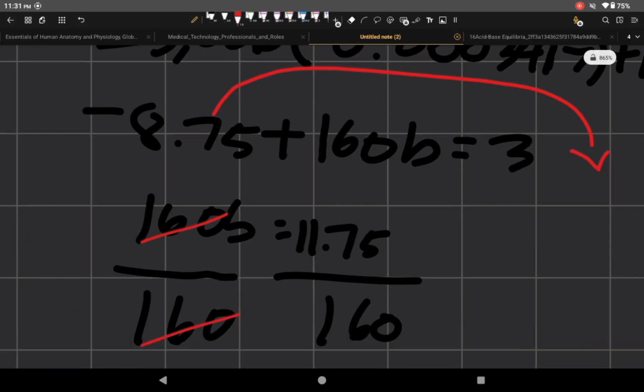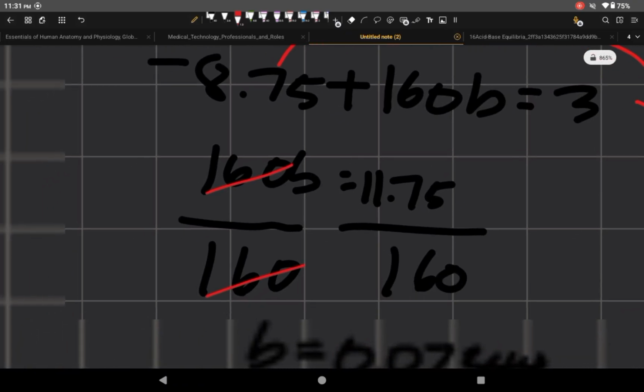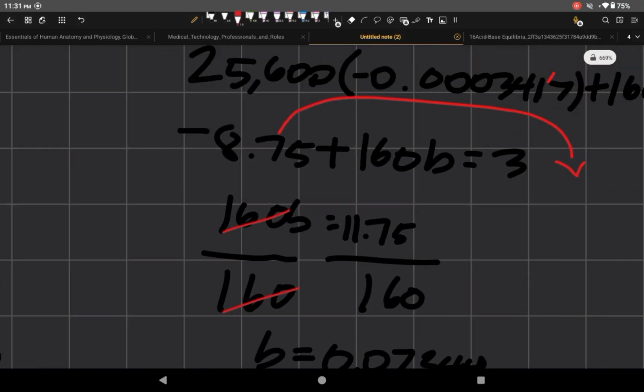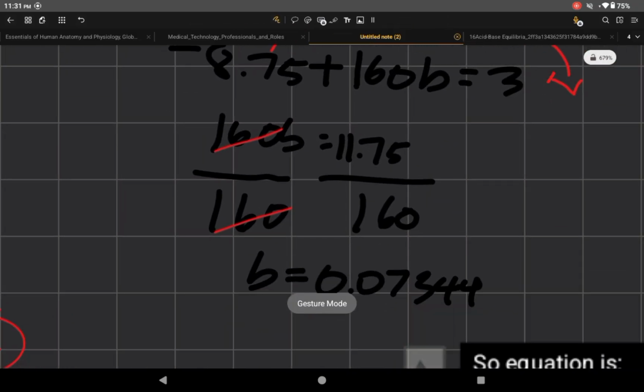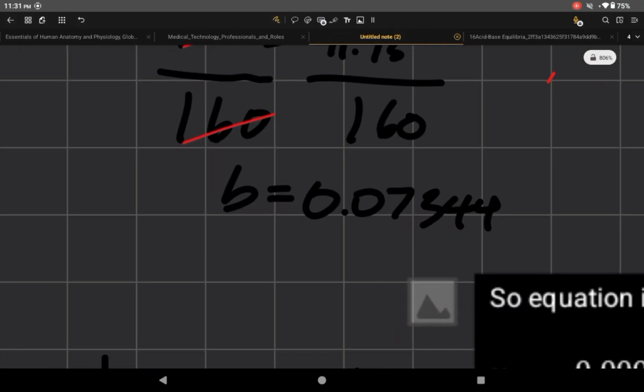So, 8.75 plus 3 equals to 11.75. Divide both sides by 160 para mabilin si B. Then we have the value of B, which is 0.07344.